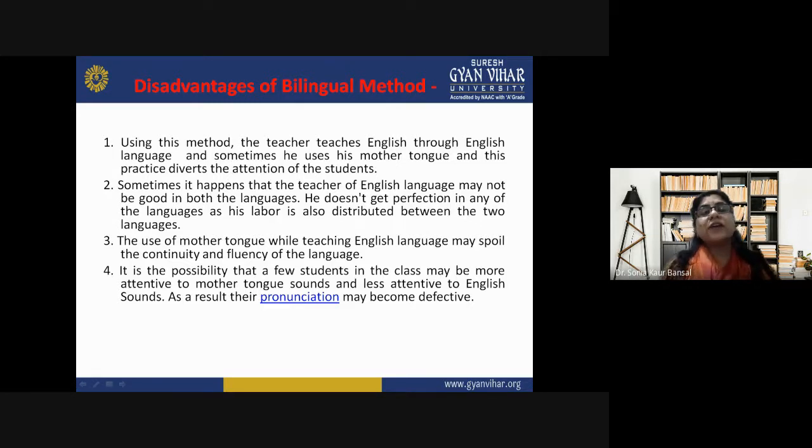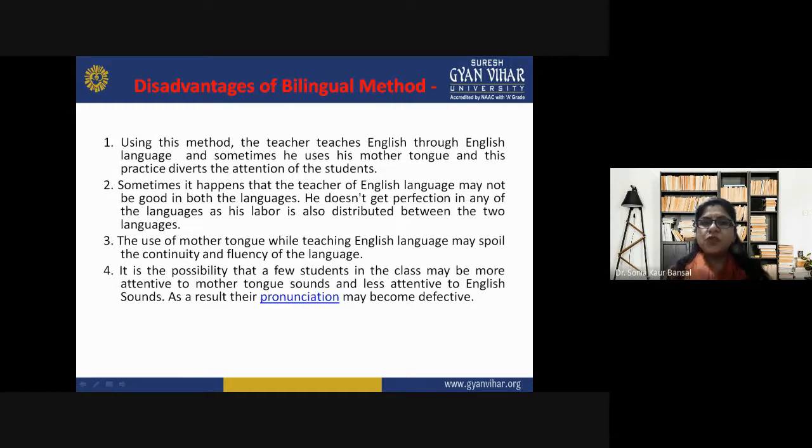This is actually a psychological thing on the part of the students, that when the teacher is taking the help of the bilingual method to teach any concept of the English language, then some of the students are readily adjusting with both the languages in which the teacher is explaining the particular concept.